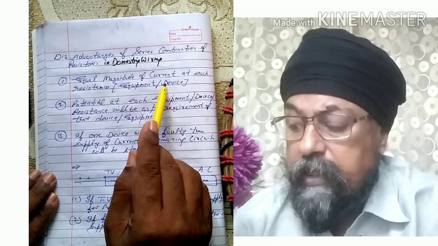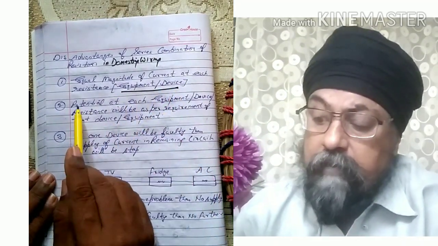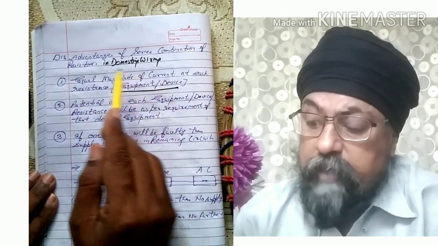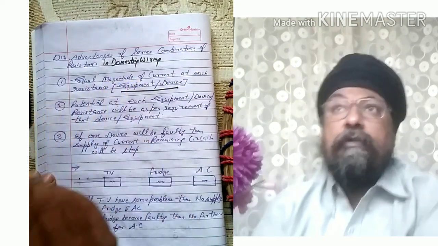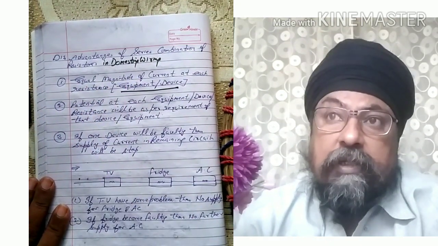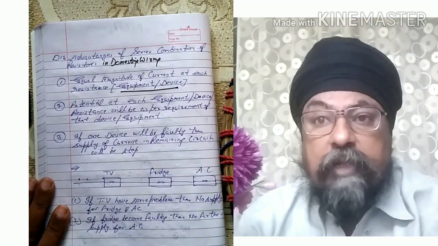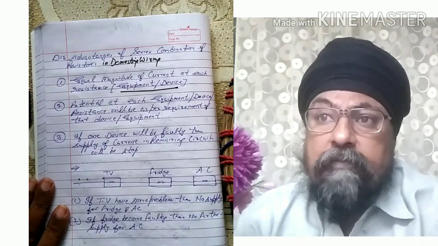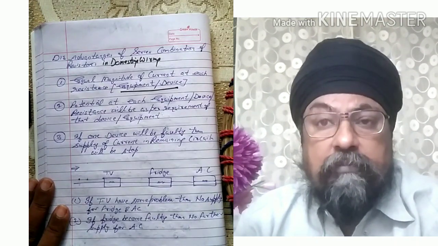So we use the word equipment or device also. Each device connected in series has an equal magnitude of current. This can be harmful. Some devices want to consume 5 ampere current, some 2 ampere, some 15 ampere. If a device which requires 2 ampere gets 15 ampere, it will short and burn.